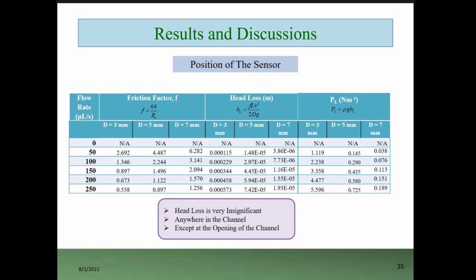So to avoid the fluctuation, I avoided keeping my sensor at the opening of the channel. So I placed it in the middle of the channel to get appropriate pressure for the small flow rate of the fluid.